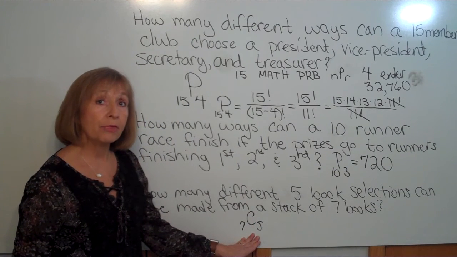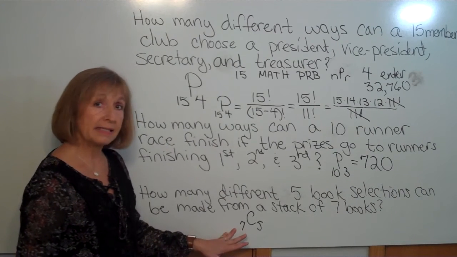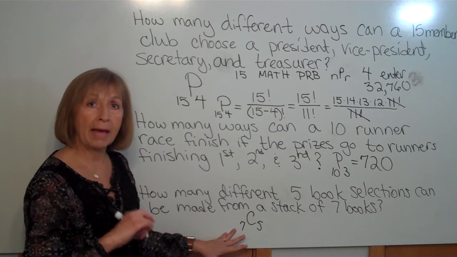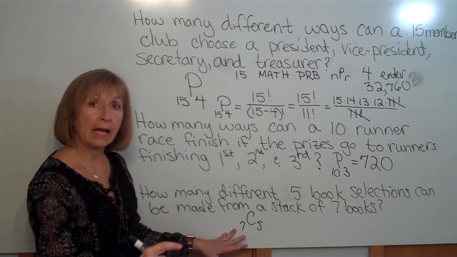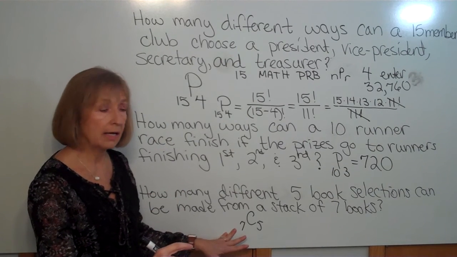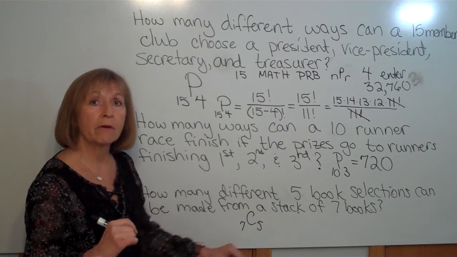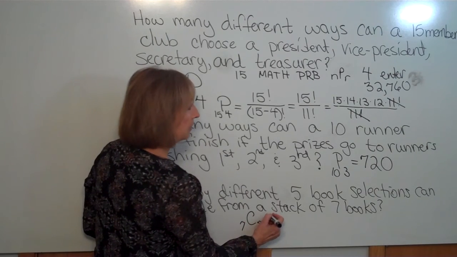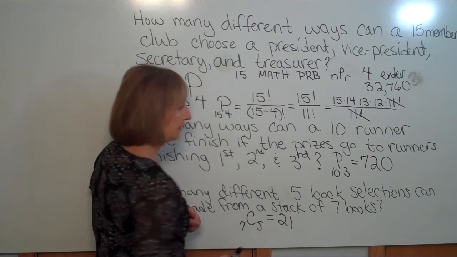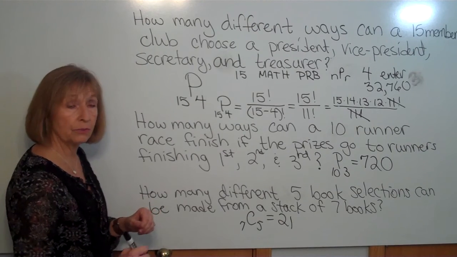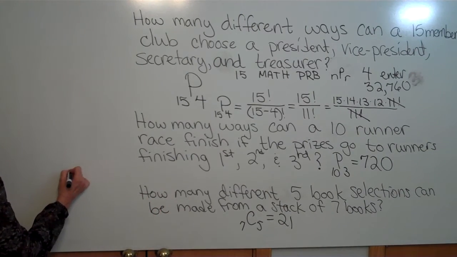And when I run that through my calculator, I will put the 7, and then I'll go math, prob, down to nCr, pick it, put in the 5, push enter, and you will see 21. And then we could also do this with its formula so that you can see it.